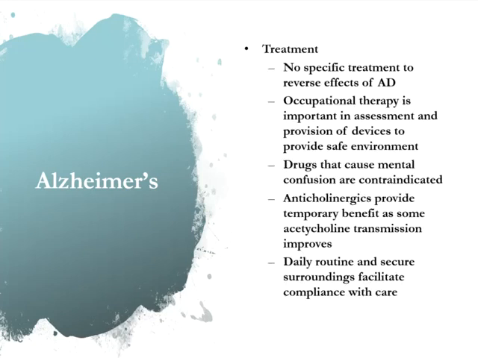What is the treatment? There is no specific treatment to reverse the effects of Alzheimer's disease. So what is given is generally occupational therapy, which is important in the assessment and provision of devices to provide a safe environment. What do I mean by that? You assess what stage the person is in his Alzheimer's disease.